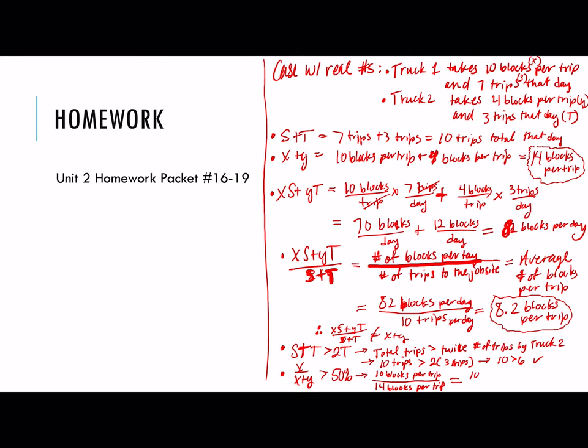So the 10 divided by 14 is equal to 5/7, which is approximately equal to 71%. Okay, so it's true that X over X plus Y is greater than 50%. Remember that part is the fraction of the blocks per trip made by truck 1.